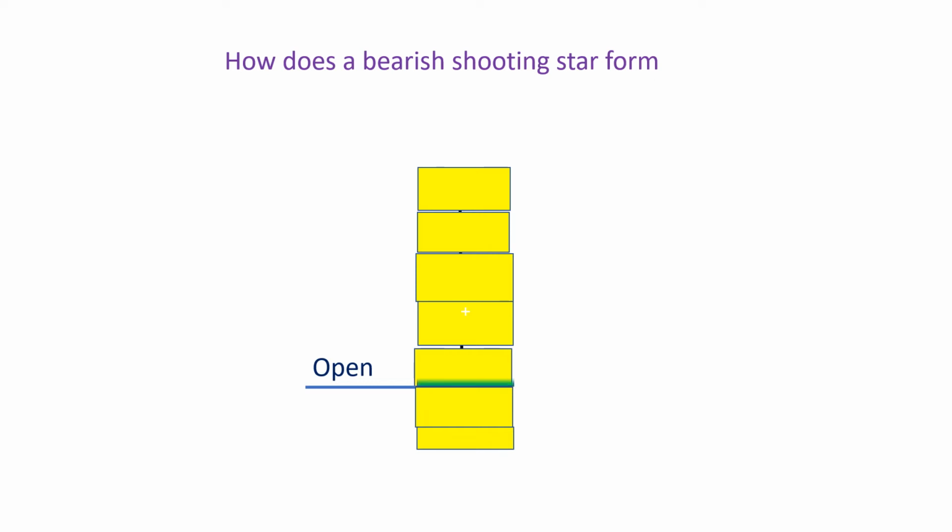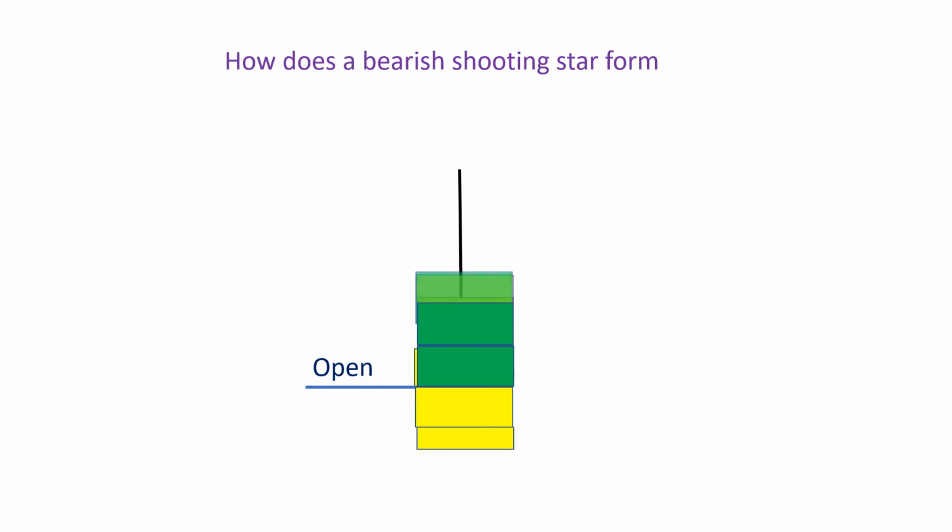Here in this candle, first the buyers push the price up and up all the way till here, and then because of the strong selling pressure, the sellers reject the higher price and push the price back down, bringing the price lower all the way till here where the price opened in the morning.